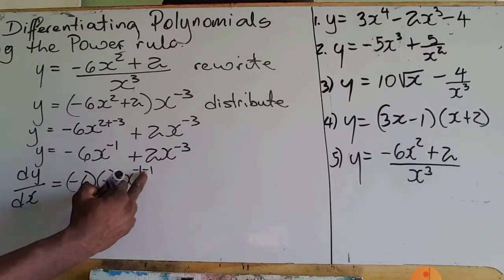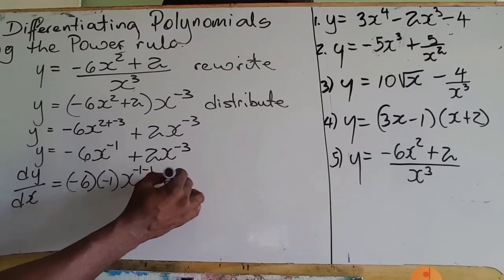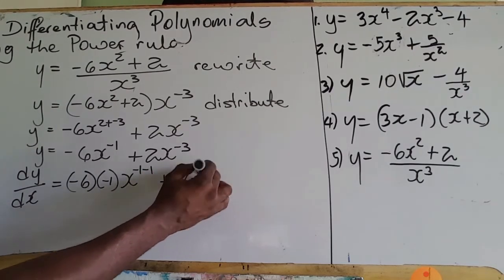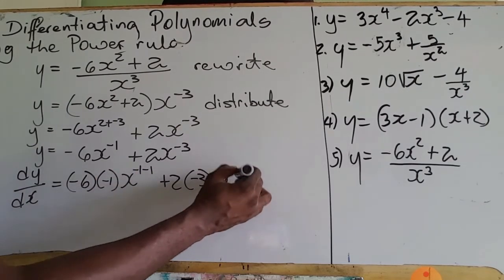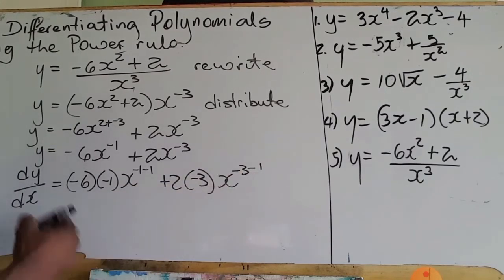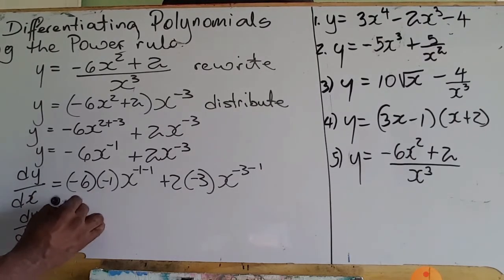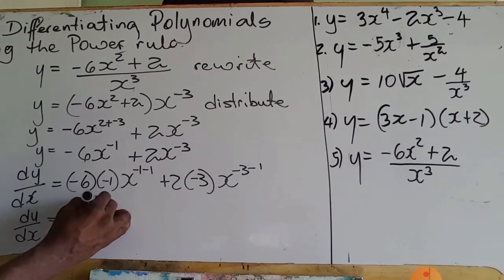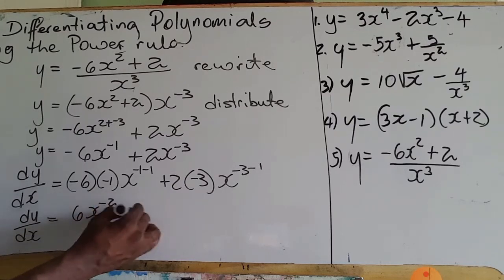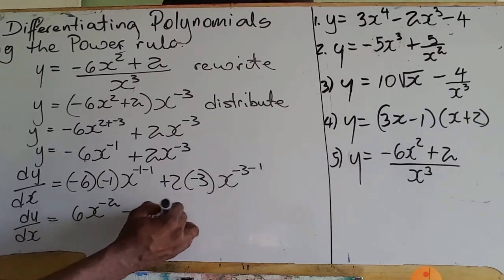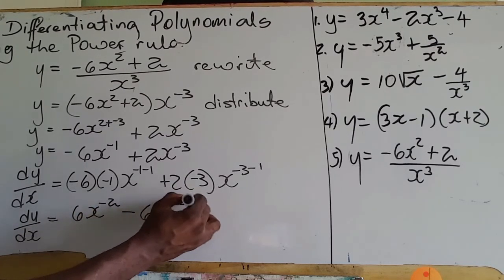Then positive 2 multiplied by negative 3, x to the negative 3 minus 1. So let us finalize this. dy dx is equal to positive 6x to the negative 2, negative 6x to the negative 4.